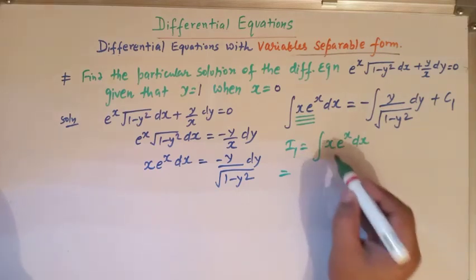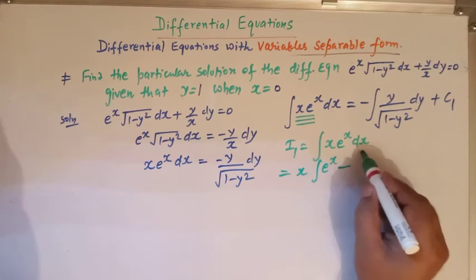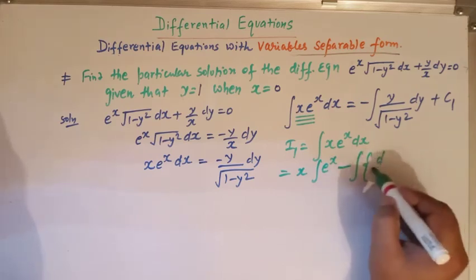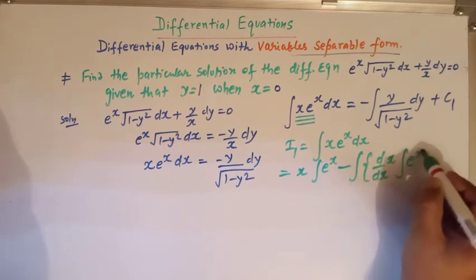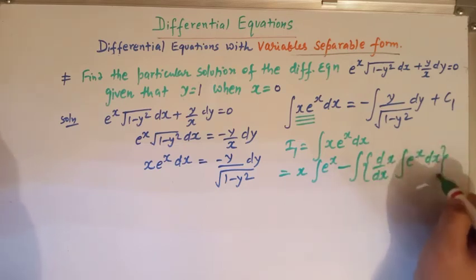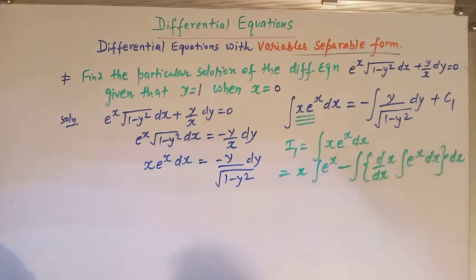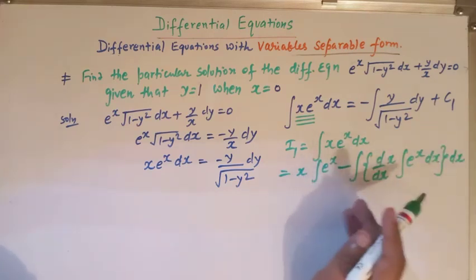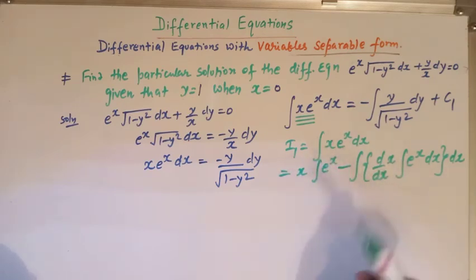So this is the first function, x, then integral of e raised to x, minus integral of the derivative of x times the integral of e raised to x, dx. Clear? So we have used the formula for integration by parts.